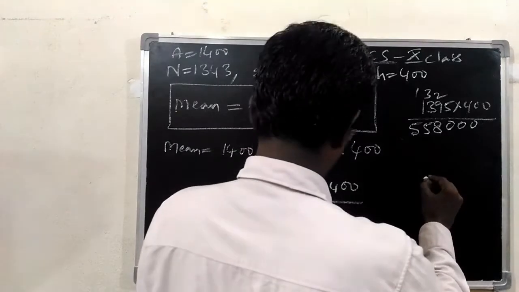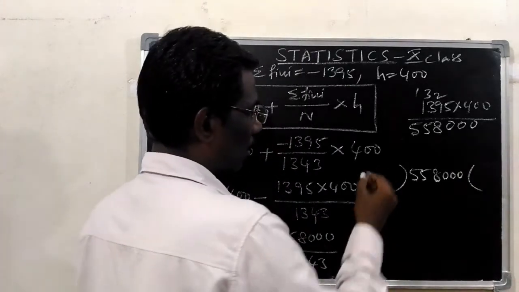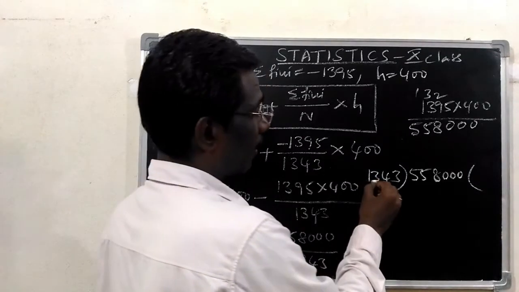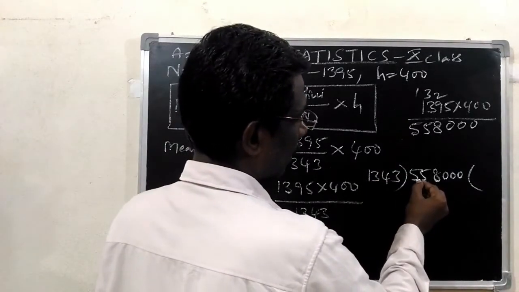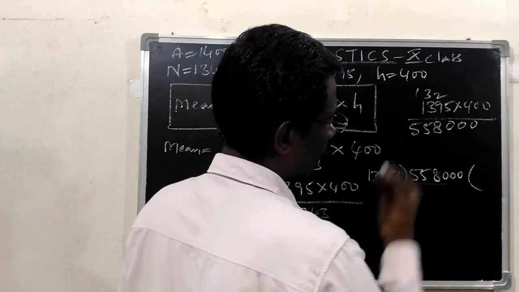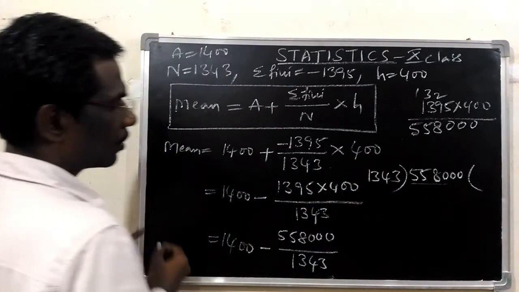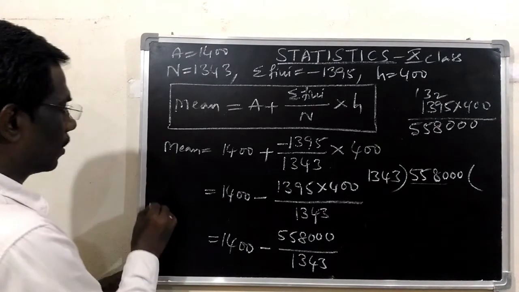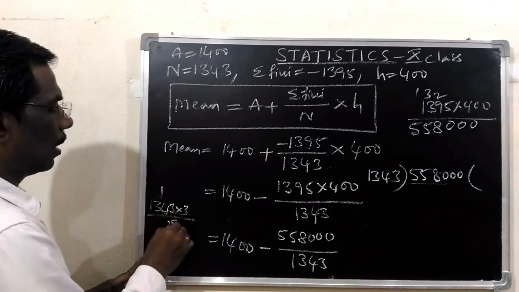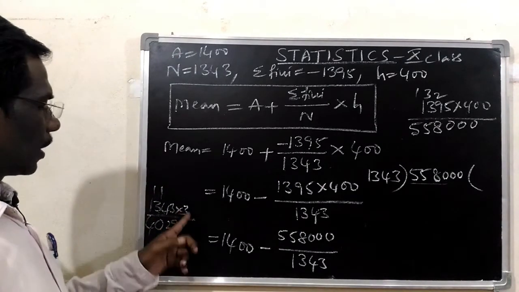So now I am going to divide it. 558000 is divided by 1343. Here the divisor is a 4 digit number, so in the dividend also I take 4 digits, 5580. If I take 3 times, 1343 into 3: 3 3s are 9, 3 4s are 12, 3 3s are 9, 9 plus 1 is 10, 3 1s are 3, 3 plus 1 is 4.